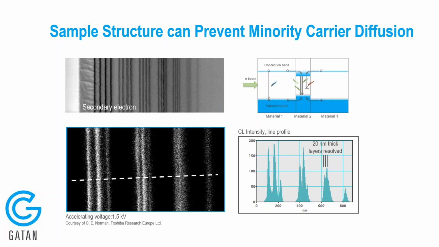So here, the thing that's actually determining our spatial resolution is not the size of the interaction volume, because we've been able to shrink it to a small enough size. It's not minority carrier diffusion, because our sample is capturing the electrons and holes and preventing minority carrier diffusion. It's actually the sample itself. So the sample itself is the thing here which is limiting spatial resolution.